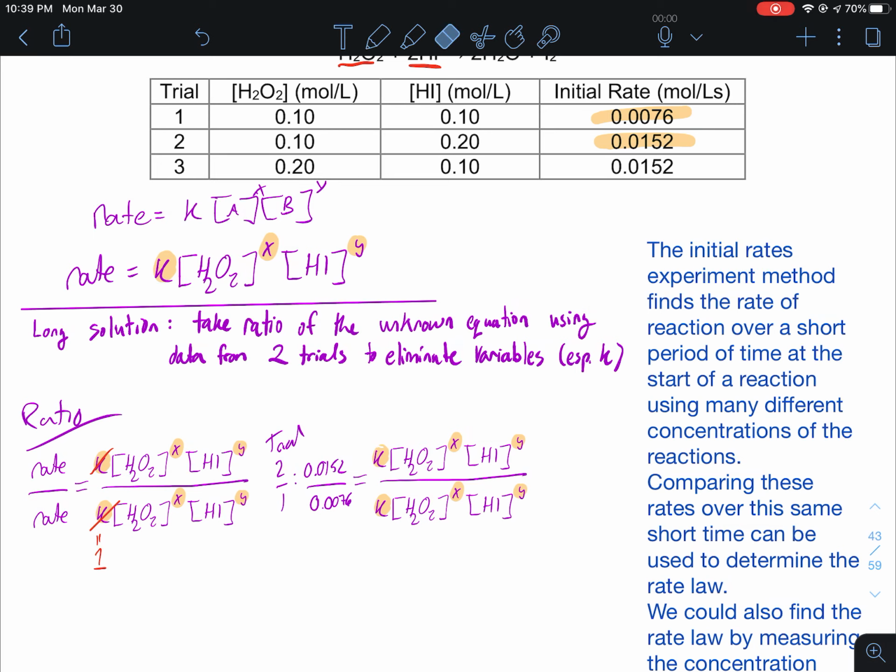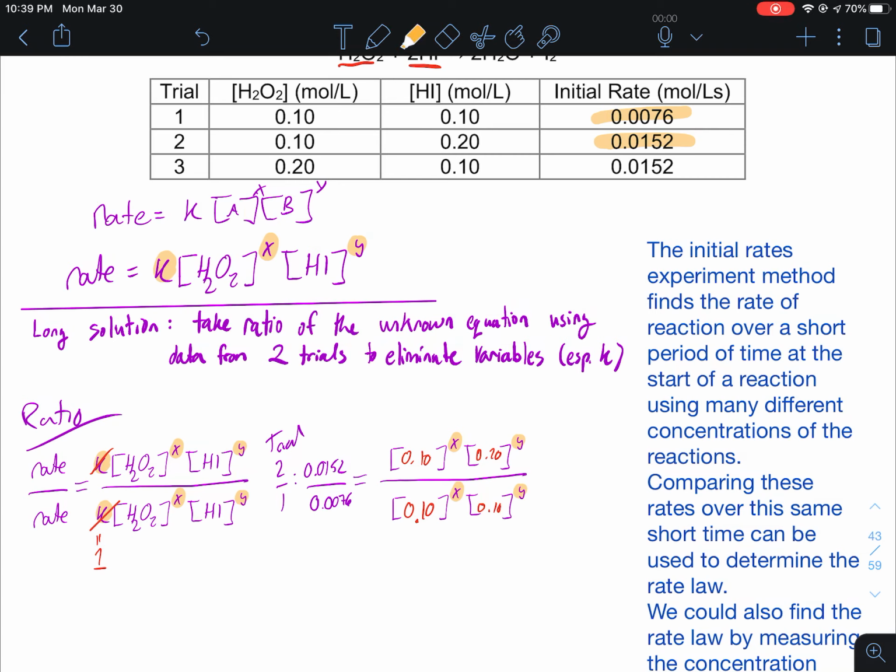So we get to actually take the k out of the new equation we just made. Okay, now I'm going to replace the concentration values. I'm going to take trial 2, which was 0.10, and trial 1, 0.10. And then I'm going to take the concentration values for the other reactant, so 0.20 and 0.10.